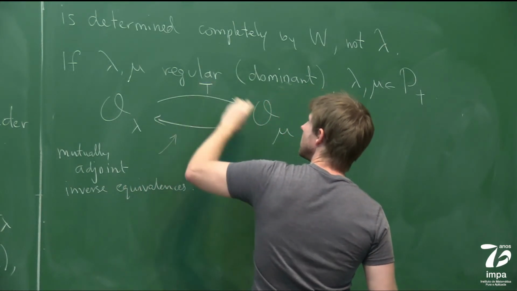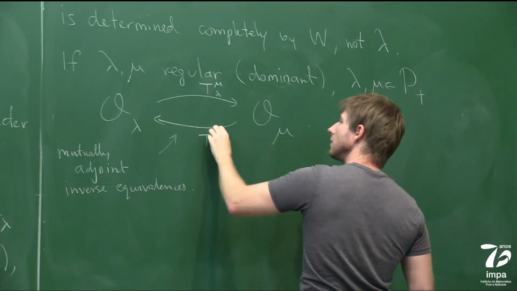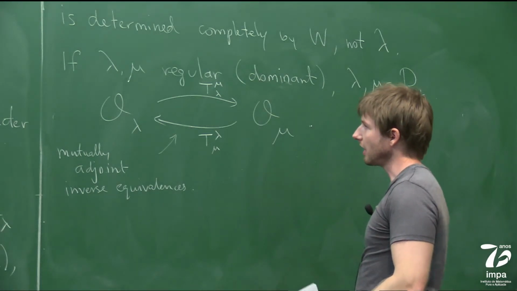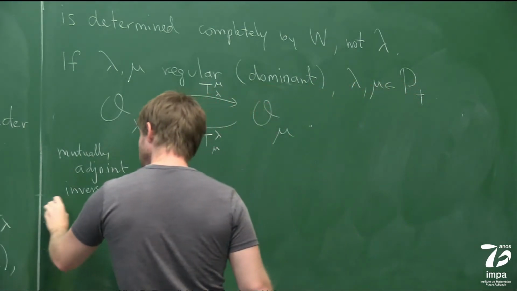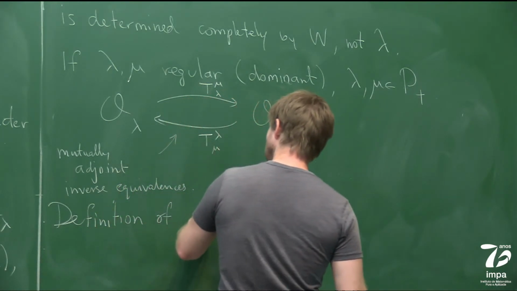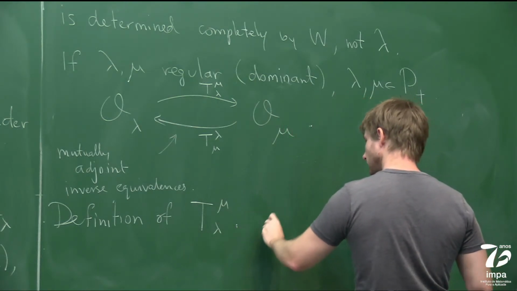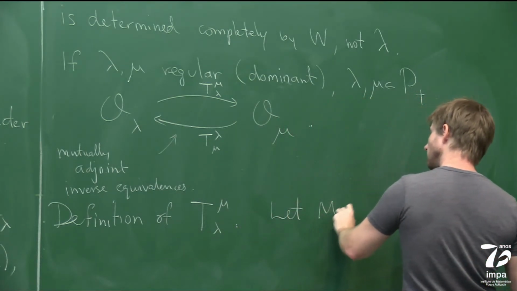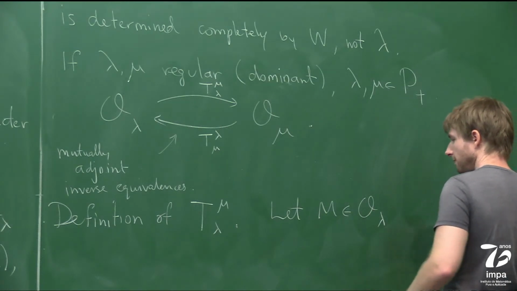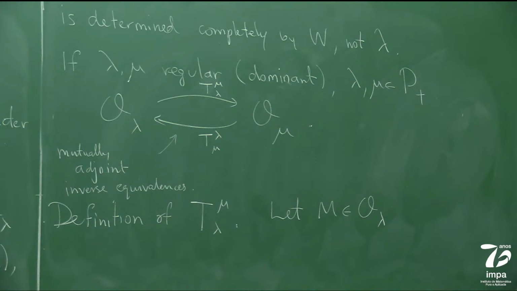We call them T, lambda going to mu, and T, mu going to lambda. Okay, and how are they defined? So take some module in this block, O lambda.